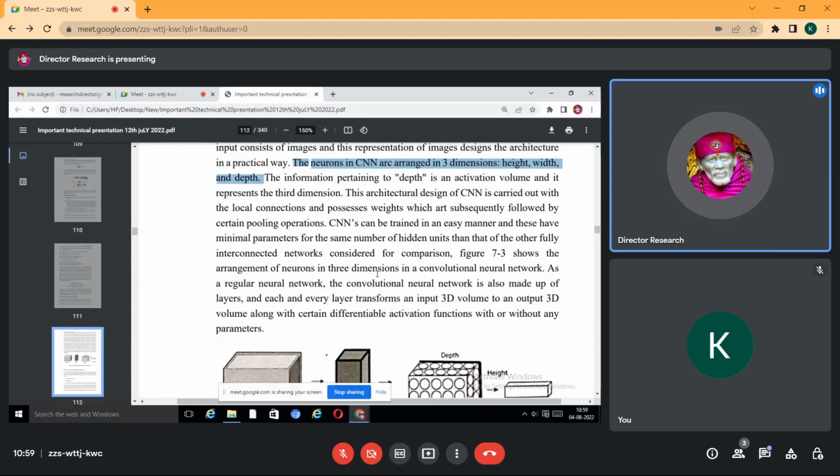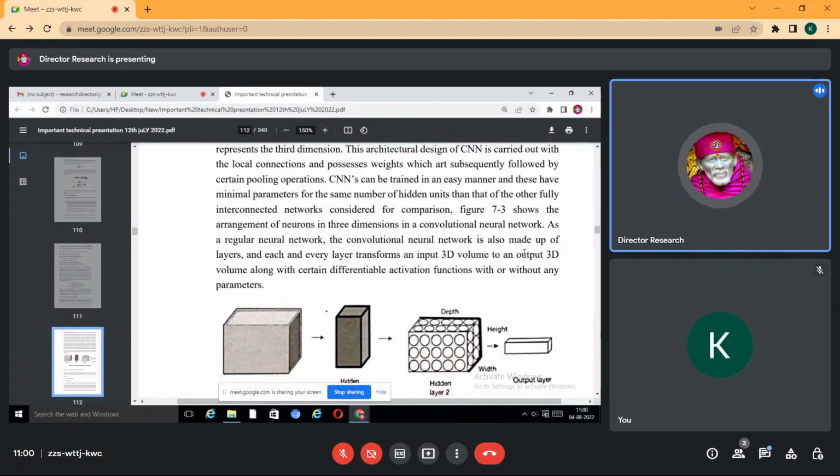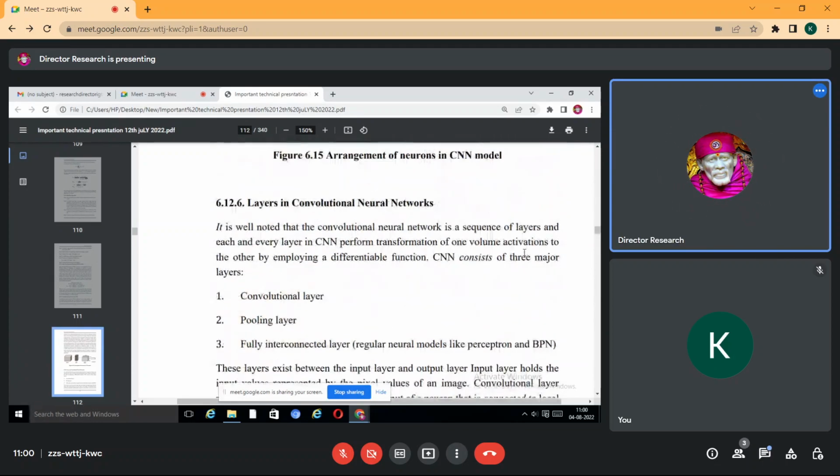A number of hidden layers are created, unlike other fully interconnected networks. It is made up of layers. Each and every layer transforms a 3D volume into an output 3D volume, with or without parameters.